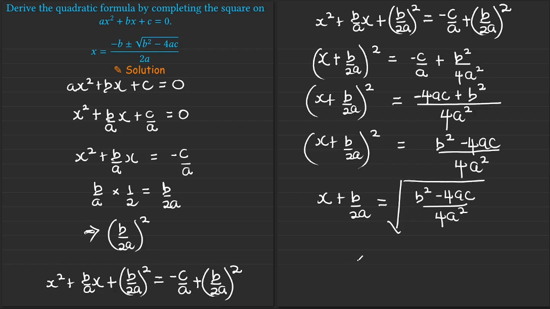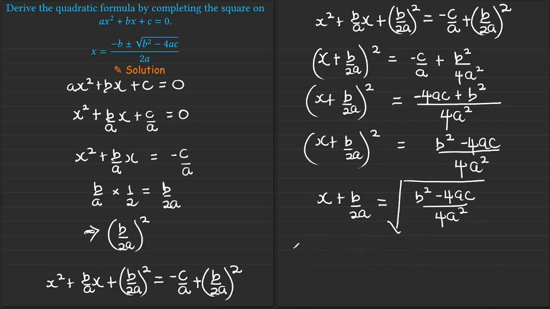Now, from the laws of indices, if you have the square root of a over b, it is simply the square root of a over the square root of b. Applying that here, then it simply means that the square root affects the numerator and it also affects the denominator.